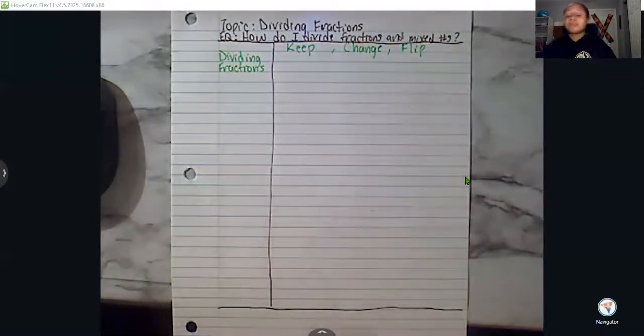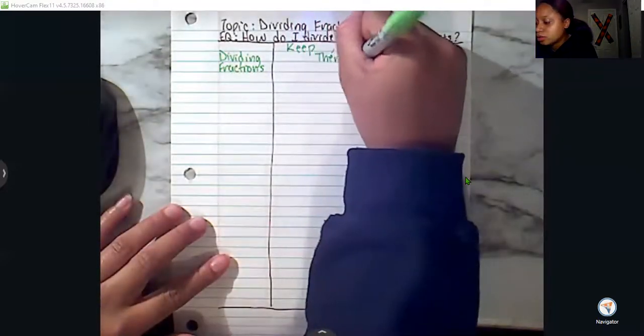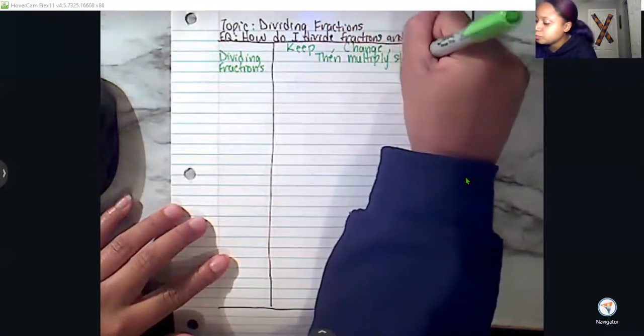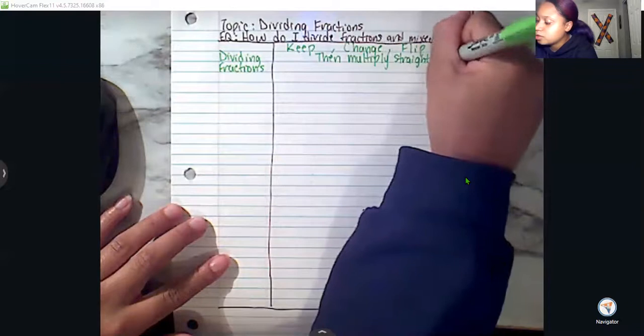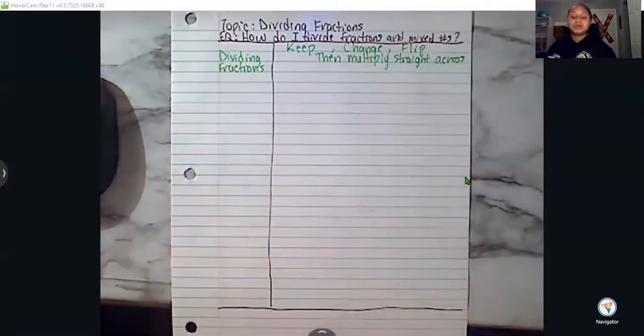After you keep, change, flip, then you multiply straight across. This is how we will end up multiplying today. It's very similar to our multiplication rules. If you do not remember how to do the multiplication rules, you might want to take a look at those rules from Monday.